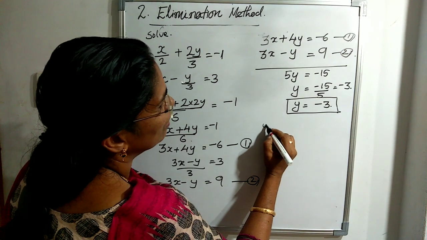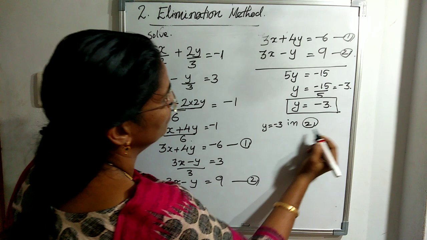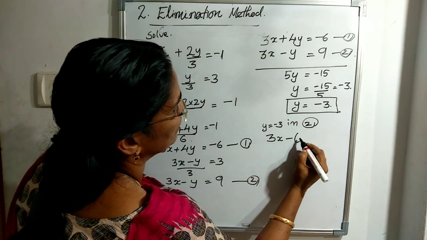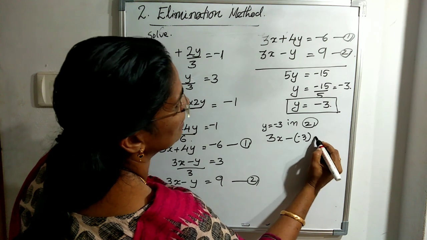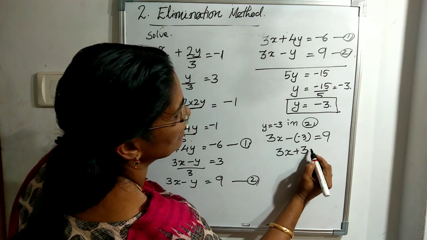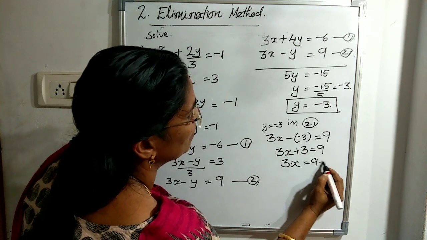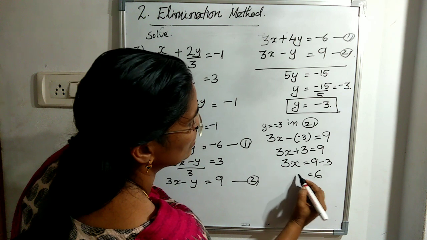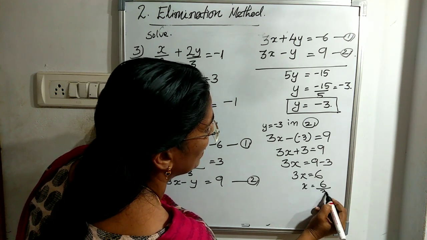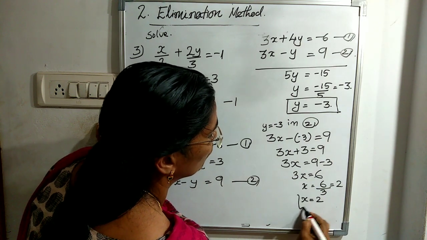So 3x - y, it means minus of -3, equals 9, or 3x + 3 = 9. 3x = 9 - 3 = 6, or x = 6/3. The answer is 2. x = 2.